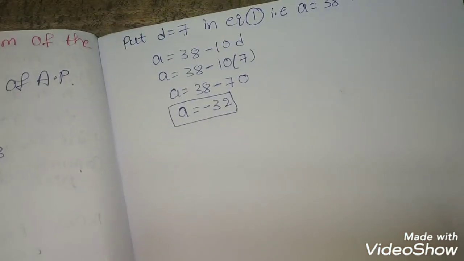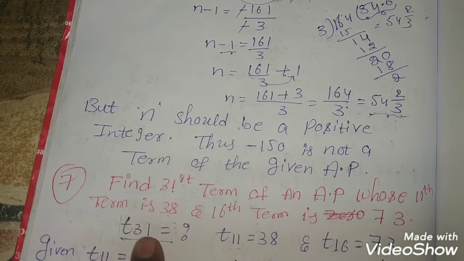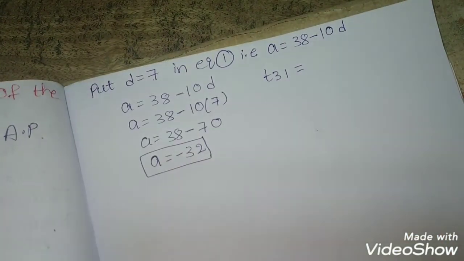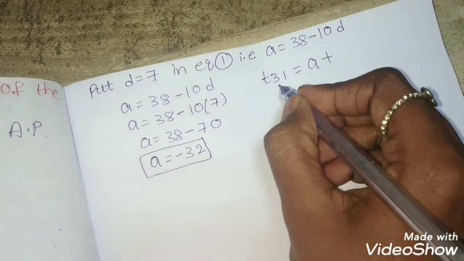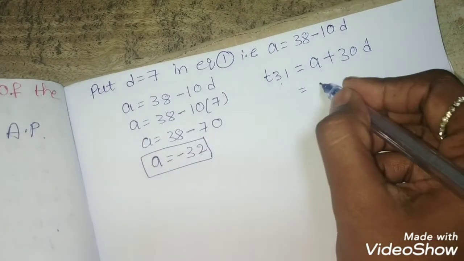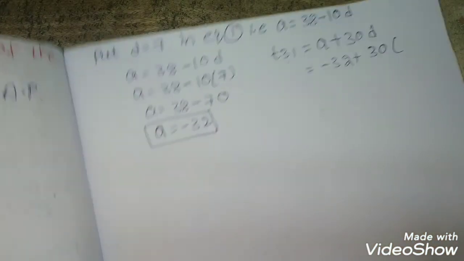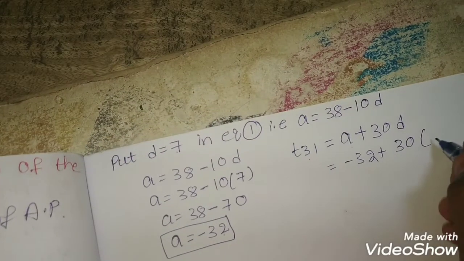Next, what do we need to find? We need to find the 31st term, T31. What is the formula of T31? The 31st term is A plus 30D, since the preceding number of 31 is 30. A is minus 32 plus 30 into 7.